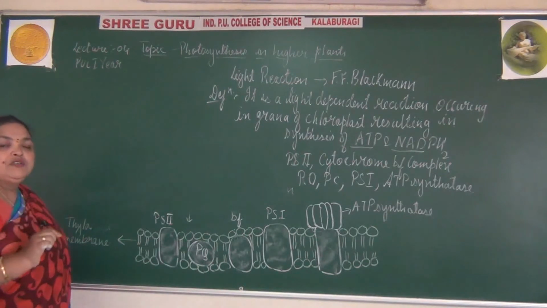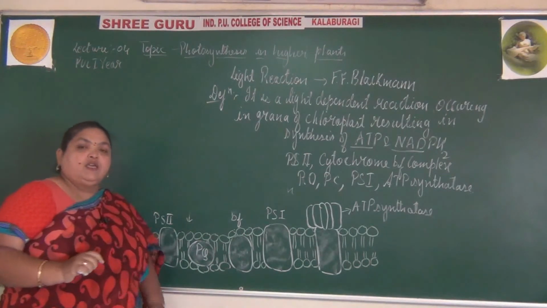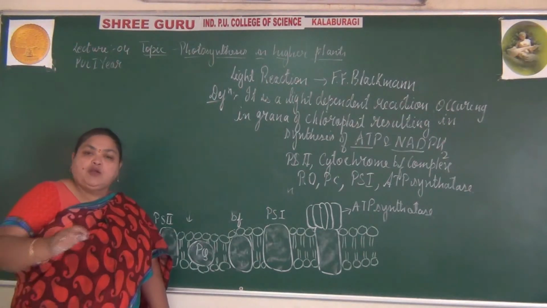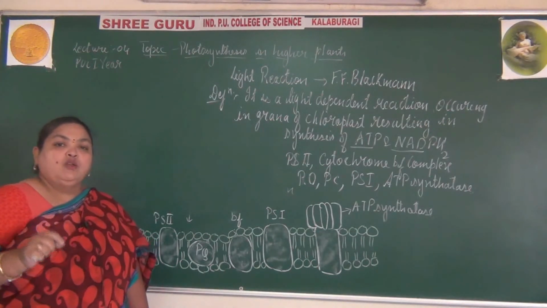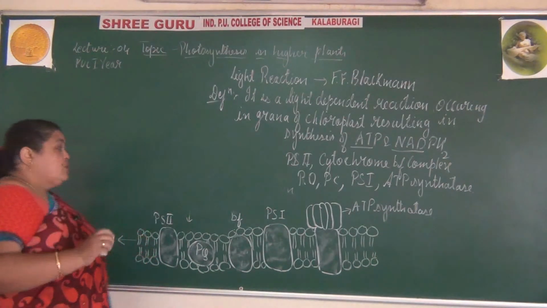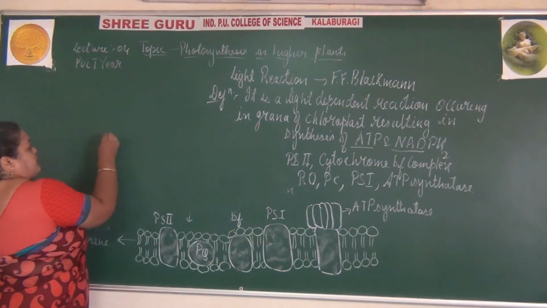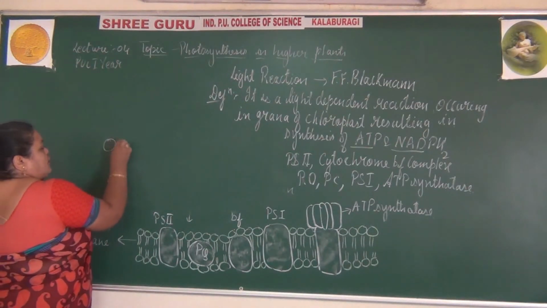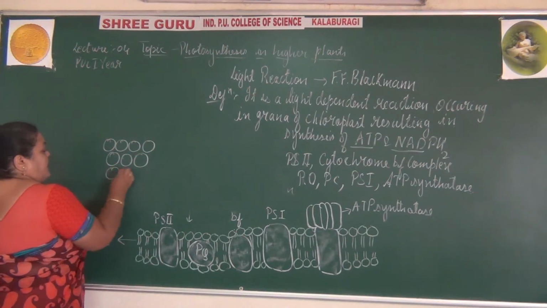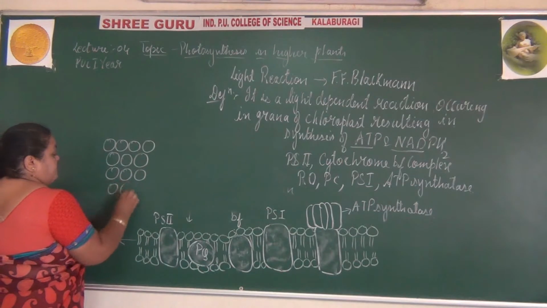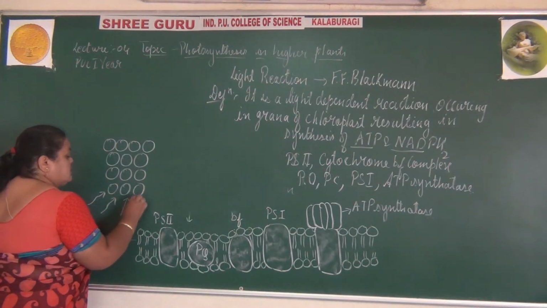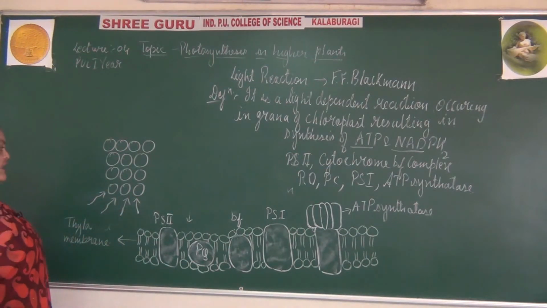As I said, the quantosomes are the photosynthetic units present in the thylakoid membrane. These quantosomes have around 230 to 250 pigment molecules. In the quantosomes the chlorophyll molecules are arranged.